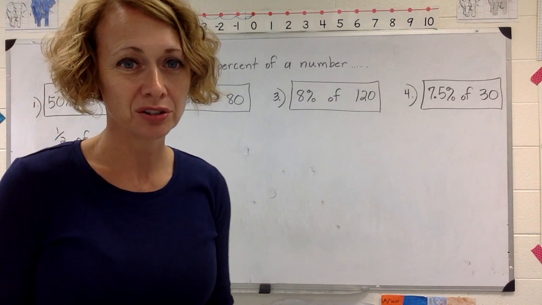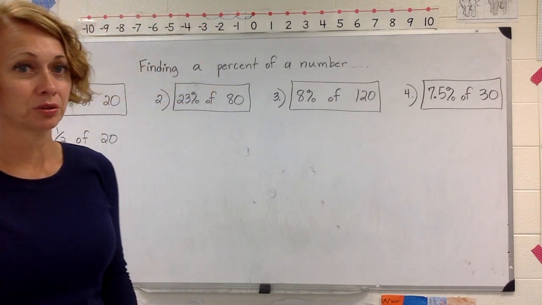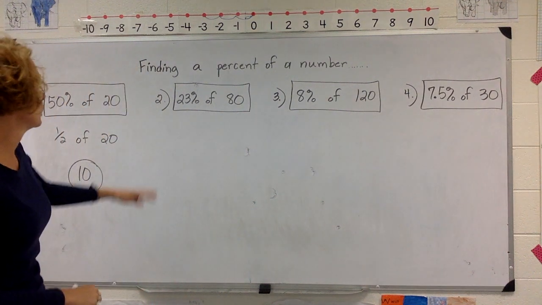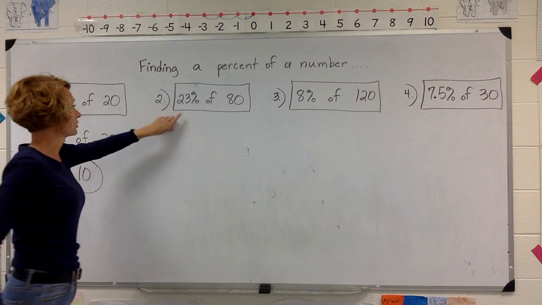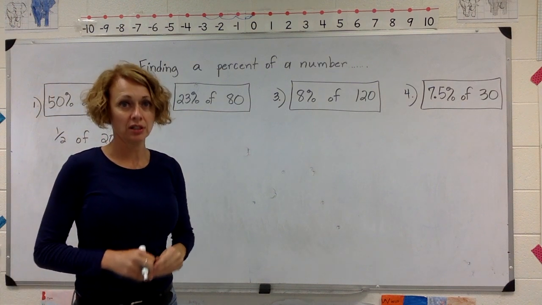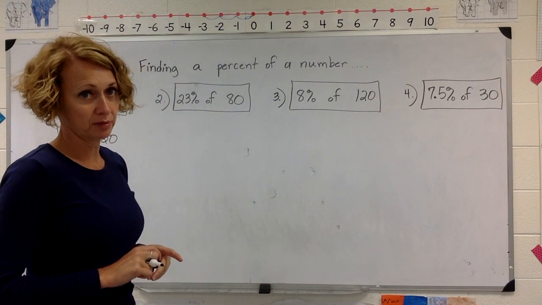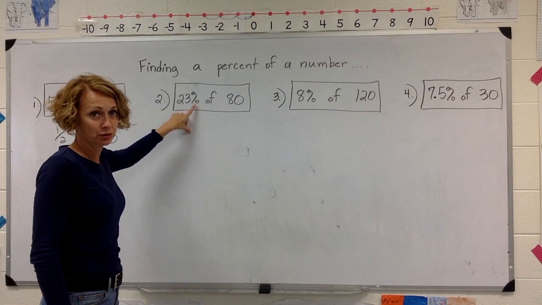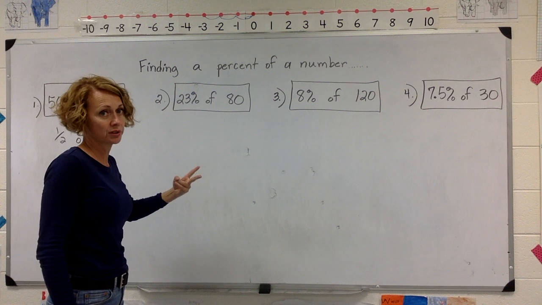Well, not all percentages are as easy as 50%, or say 25% or 75%. Some of them are just kind of random. So if you have 25% of 80, you're still knowing that this is a multiplication problem. Now remember, you can't calculate with a percentage. You have to either change it to a fraction or a decimal.